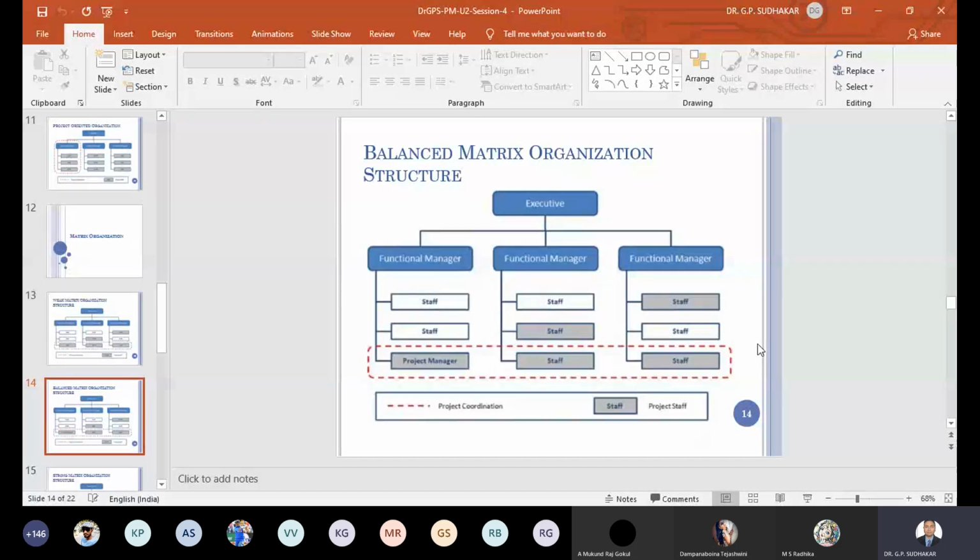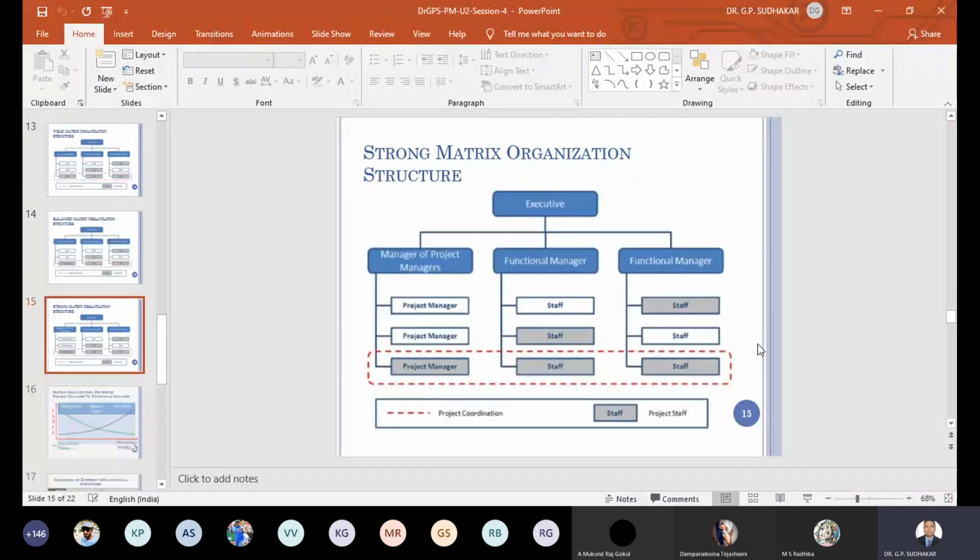It is in the middle of the project oriented organization structure and the functional organization structure. The team member has to report to both the managers, and they will have equal authority. Budgetary authority is also mixed. Both will have budgetary authority, with equal authority between the project manager and the functional manager.